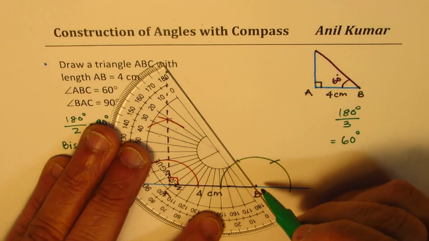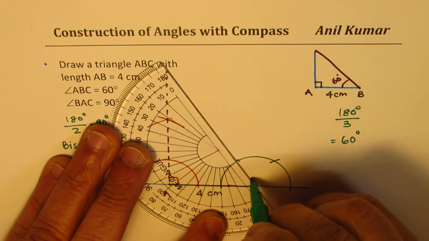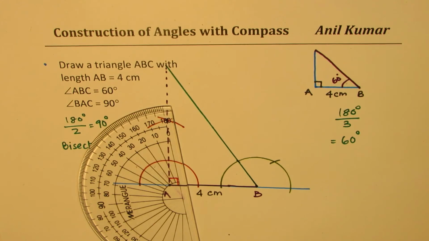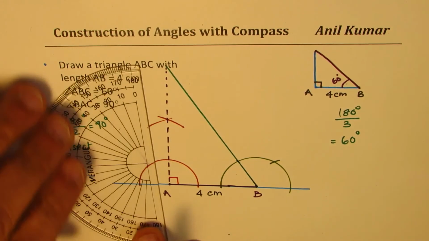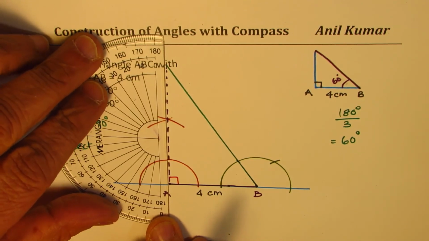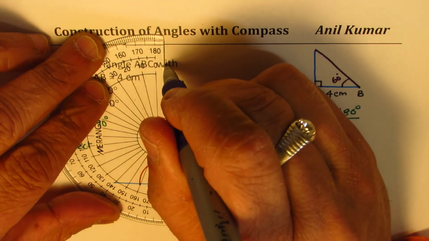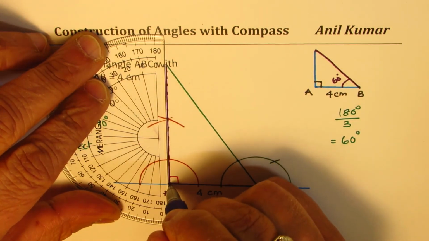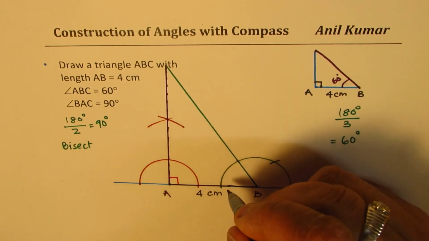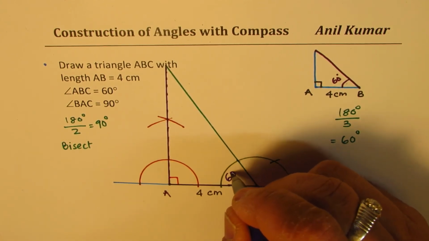So if I connect this, I get one side of the triangle, the hypotenuse. Perfect. And let me connect from A to this point with a solid line now. That's the triangle which we have. Perfect. So this time we do have 60 degrees here.